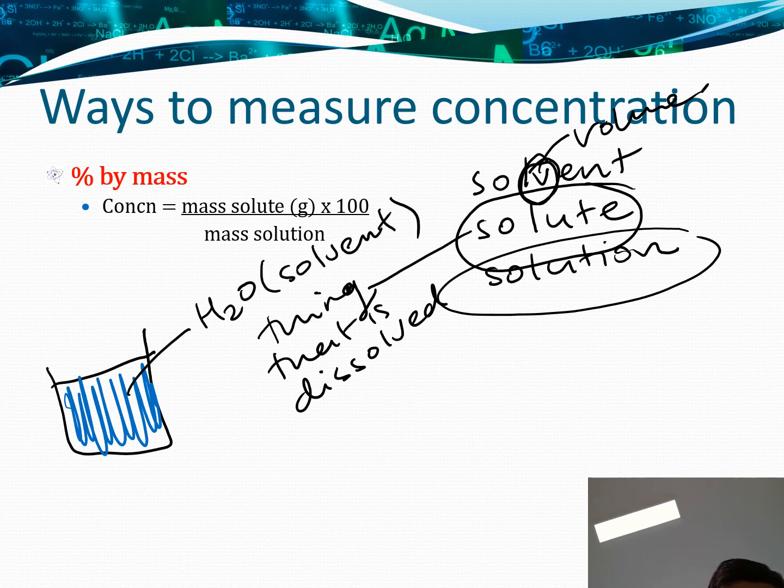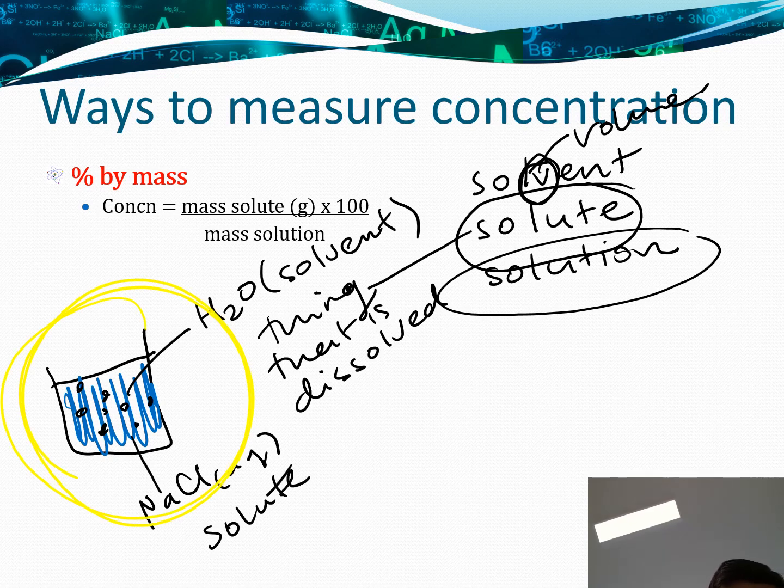And then we have the itty bits of sodium and chloride ions, NaCl, that's the solute. And then the whole thing is the solution. Is that cool? Everyone happy? All right, let's move on.